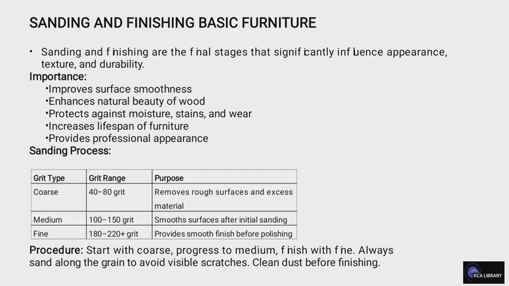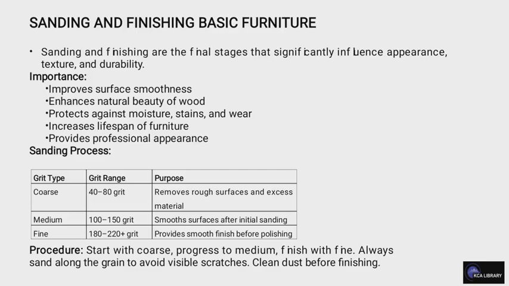The sanding process includes grit types, which are coarse, medium and fine. Coarse is 40 to 80 grit as per range, and the purpose is to remove rough surfaces and excess material.